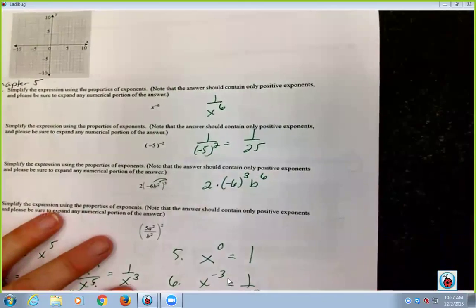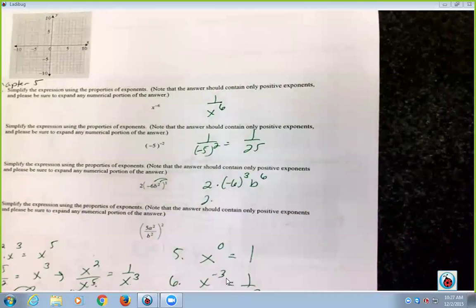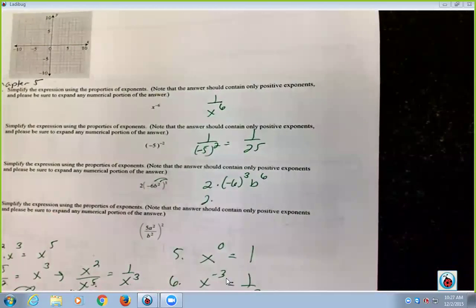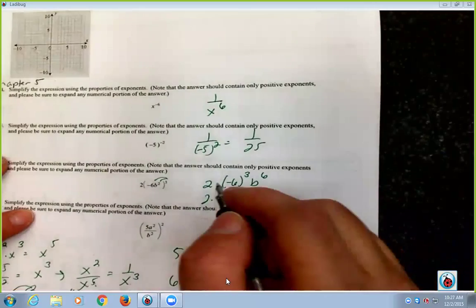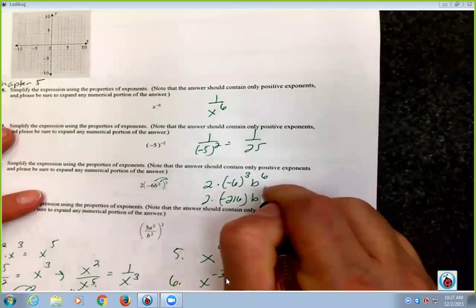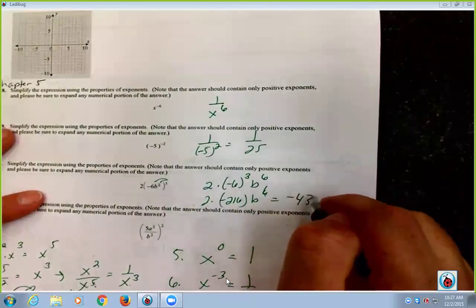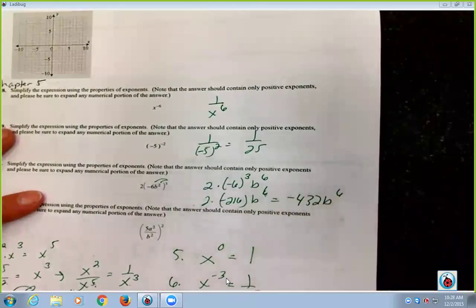So my final answer with this one is 2 times 6 times 6 times 6. It's 216, I think. Maybe not. Is it 216? Negative 216. B to the 6th. But I got to finish it, 2 times that, and get a negative 432 b to the 6th.